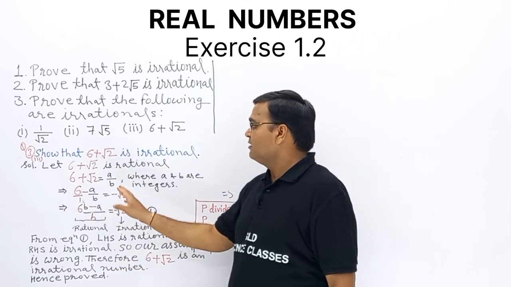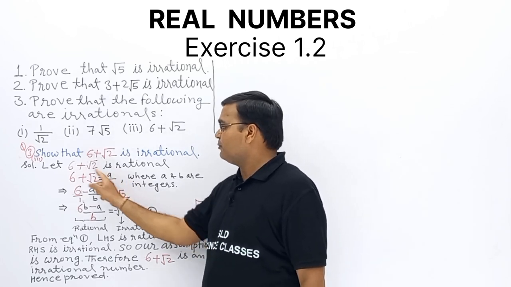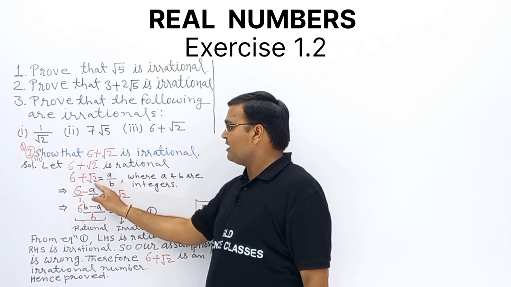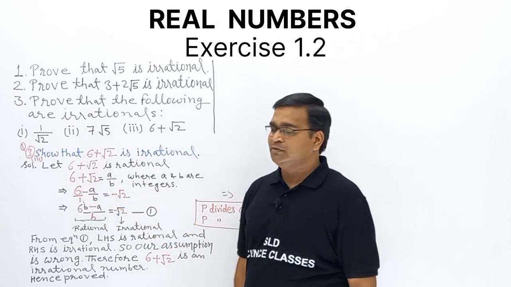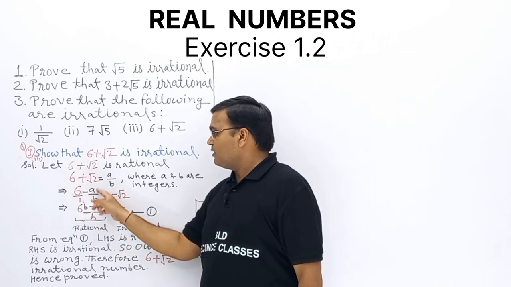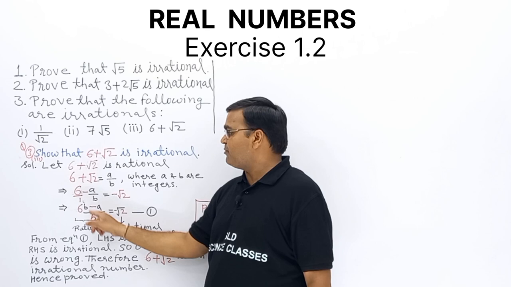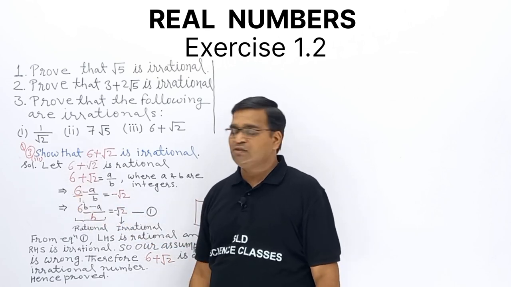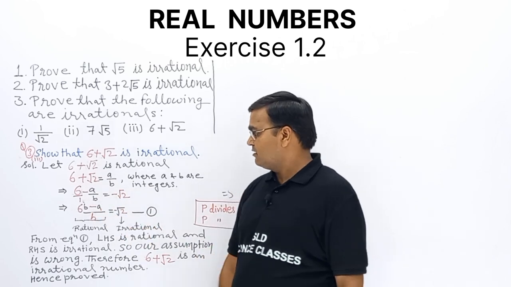Now transposing, we separate the rational to one side, so we bring it to the left. We get 6 minus a by b equal to minus root 2. On the left hand side I take the LCM. B is the LCM, so we get 6b minus a, divided by b.